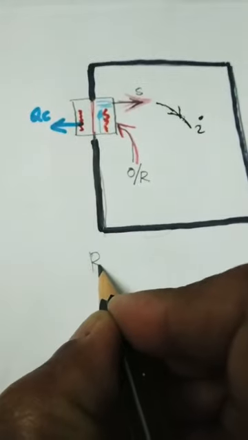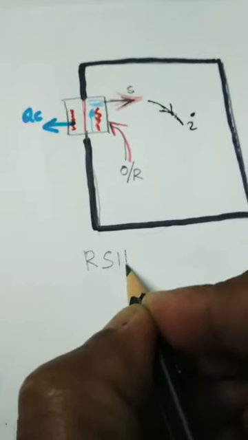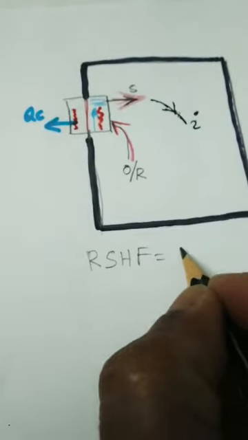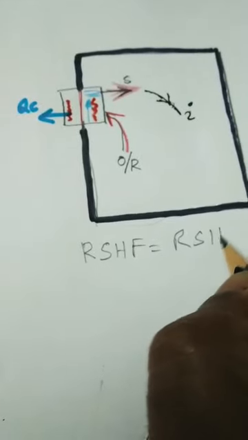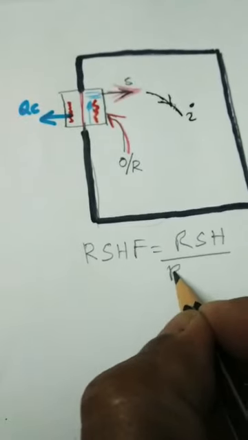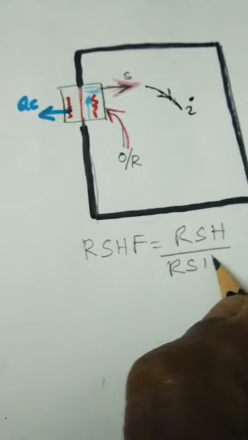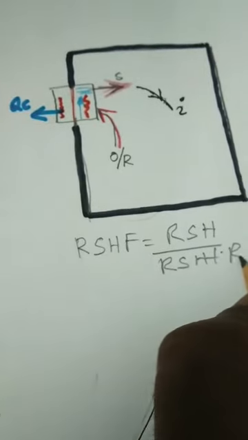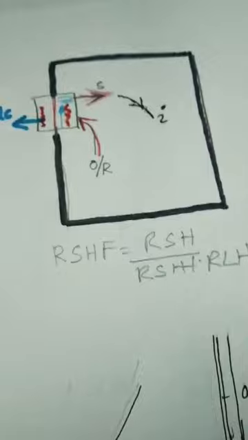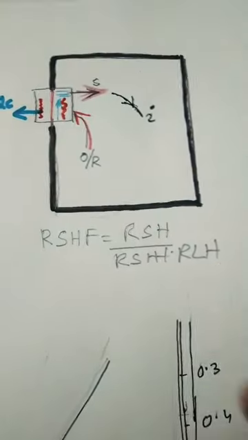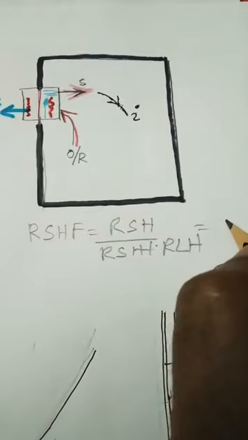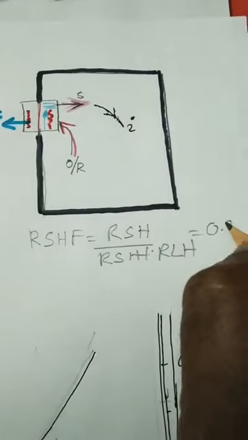So I have said that room sensible heat factor is equal to room sensible heat upon room sensible heat plus room latent heat. So once we have these, then we have a fixed value, which in the last lecture I took as 0.8.